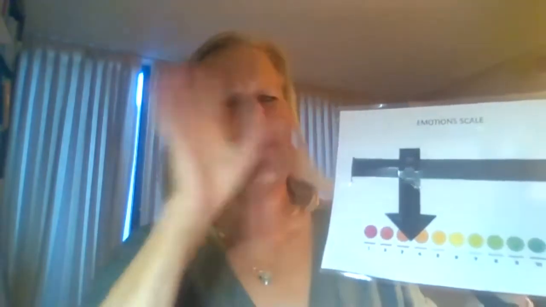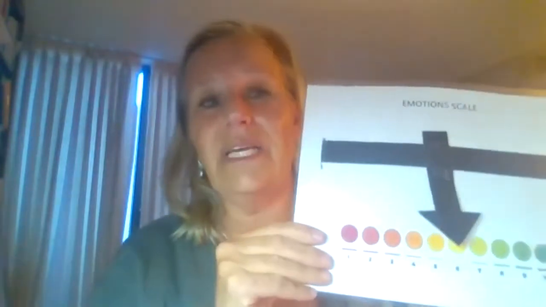You might be starting to feel a little silly. Or maybe you're angry and you're in the red zone, but you're not totally out of control. And you might be able to move yourself up into a yellow zone pretty easily.